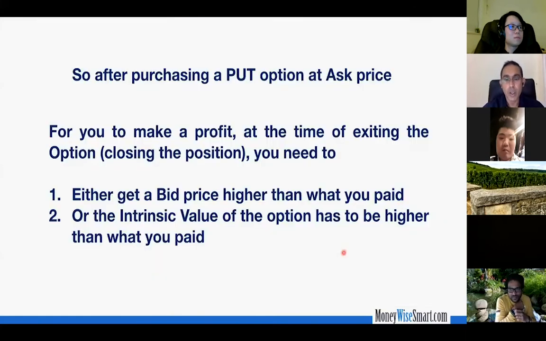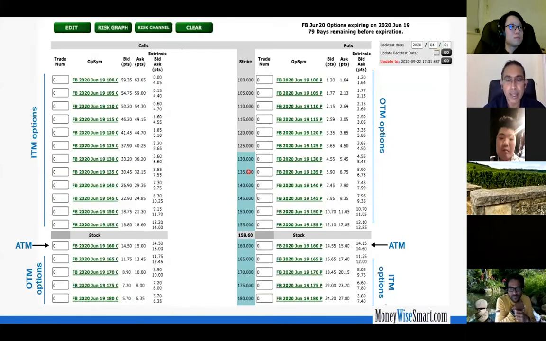Okay, so in this picture, I had showed this picture in part 1 also. So any option which has greater than 0 intrinsic value is called an in the money option.